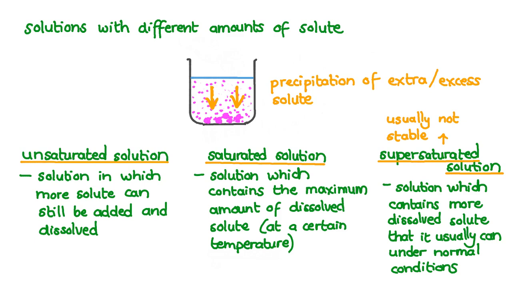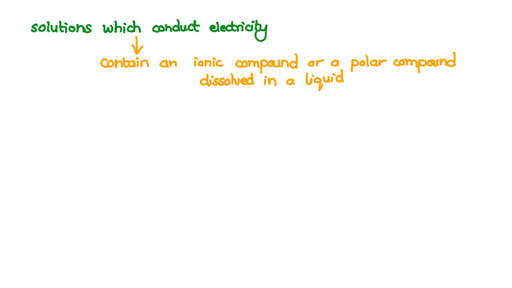We now know that solutions are composed of solutes and solvents dissolved in each other. They are homogeneous and can be unsaturated, saturated, or supersaturated. Let's look at one last specific type of solution, and that is those that conduct electricity. Solutions which can conduct electricity contain either an ionic compound or a polar compound.